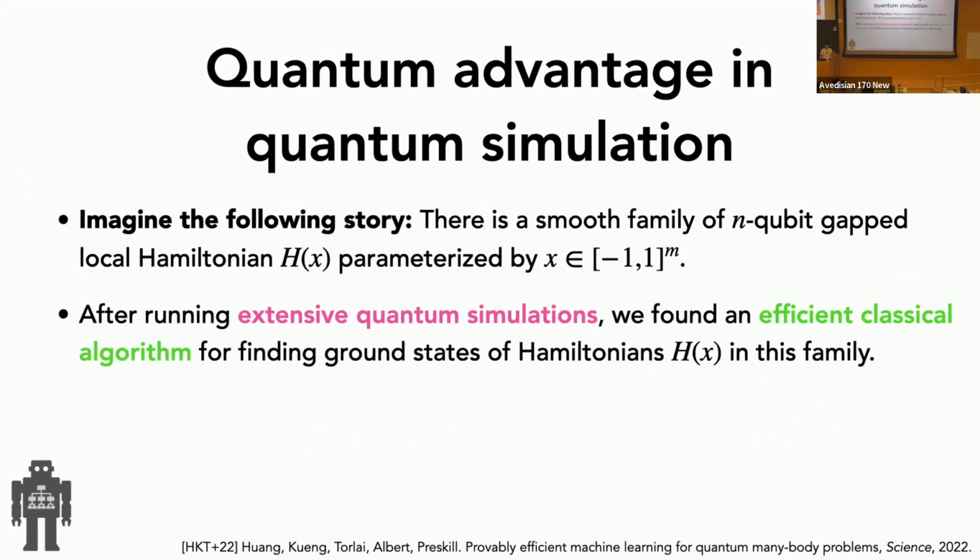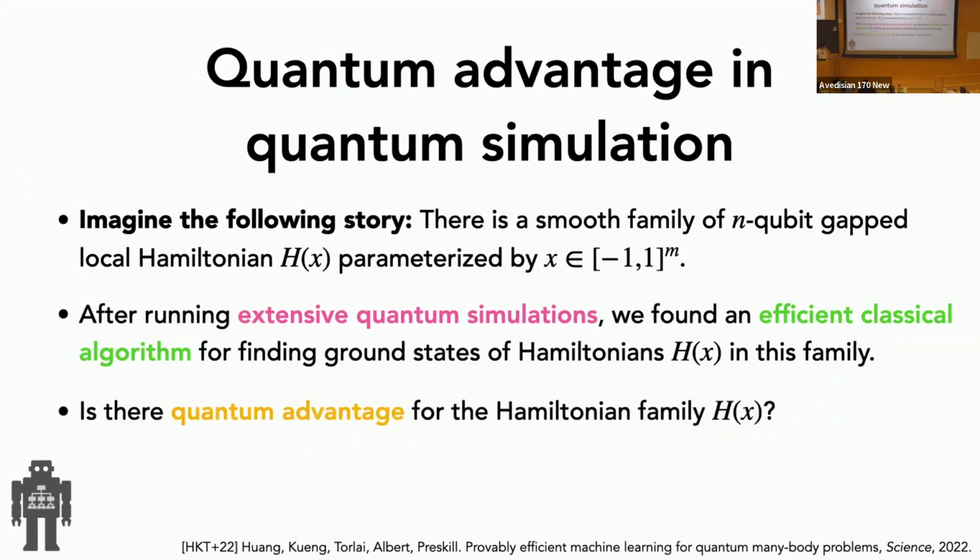So a priori, we don't know. But after doing tons of quantum simulation, we found it because we learned all the insights from the simulation. And then we found an efficient classical algorithm.